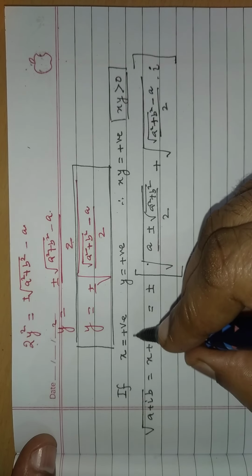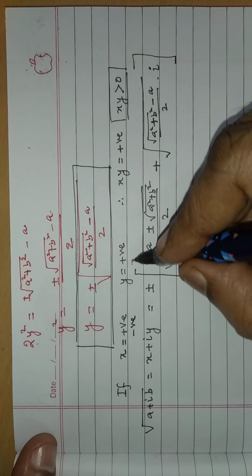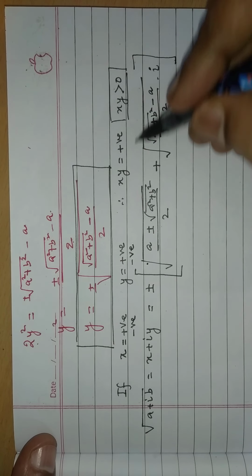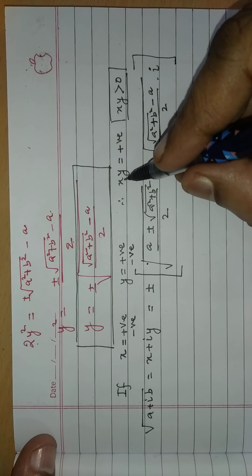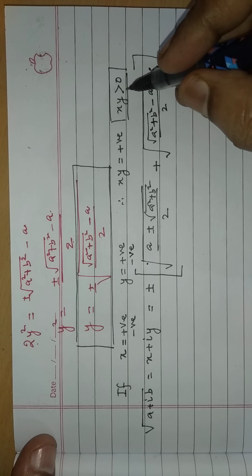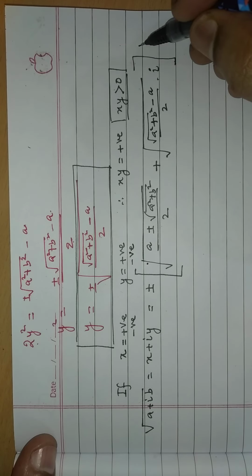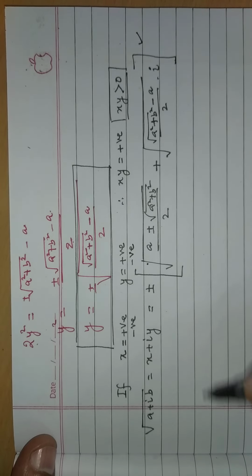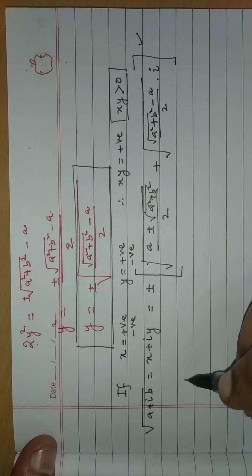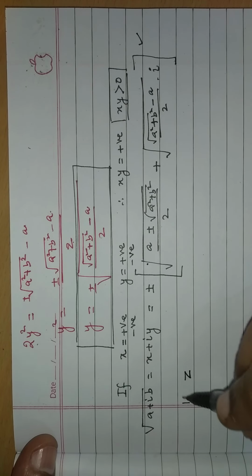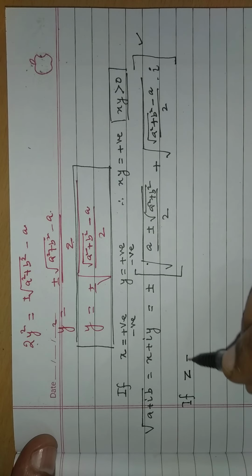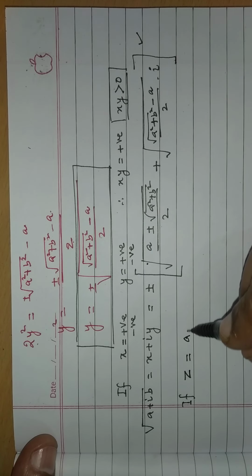If both are negative, then again xy is greater than 0, and we can use this formula. Suppose z is equal to a minus ib.